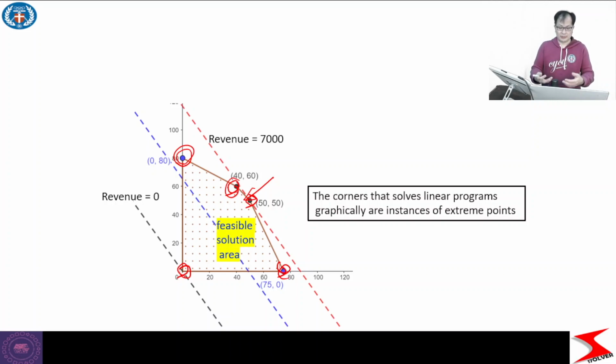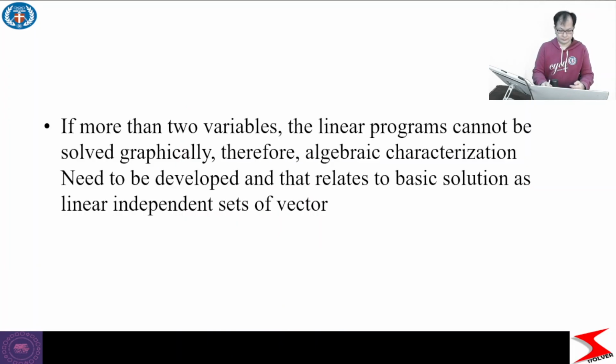In a 2-dimensional graph, we can use the graph to represent the basic feasible solution. But what about more than two variables? Can you still use the graphical representation to represent an extreme point? It is very difficult. Maybe in 3 dimensions you can still use a cube to represent the extreme point, but with more than 3 it is impossible.